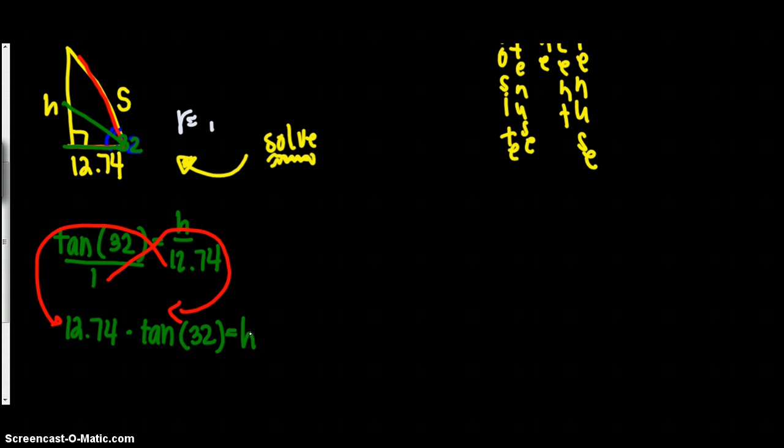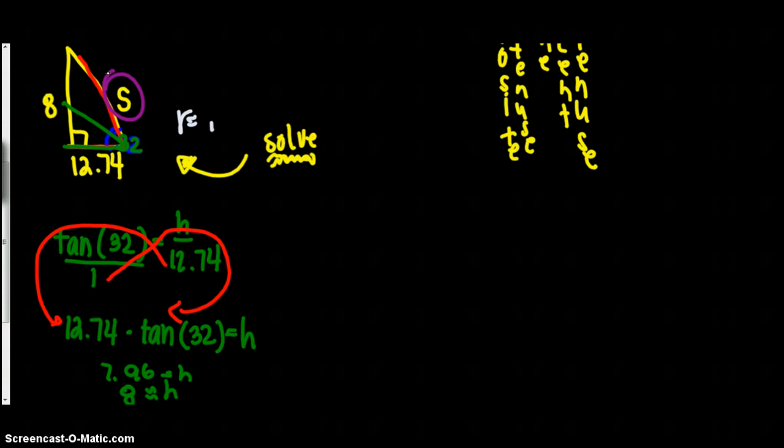Now, this is really simple because all you have to do is type this into your calculator. 12.74 times the tangent of 32, close your parentheses and hit enter. You should get 7.96 equals h. Now, you probably want to round it up because it looks cleaner and it's more efficient. So I would round this up to 8 is approximately h. Now that we have our h settled, we can erase the variable and step in the real thing. 8. Now all we have to do is find s.